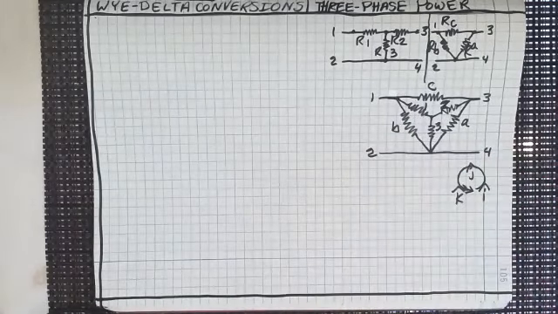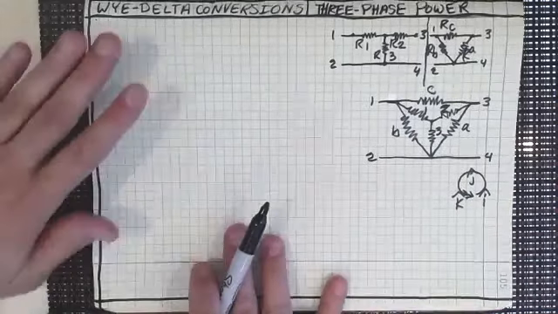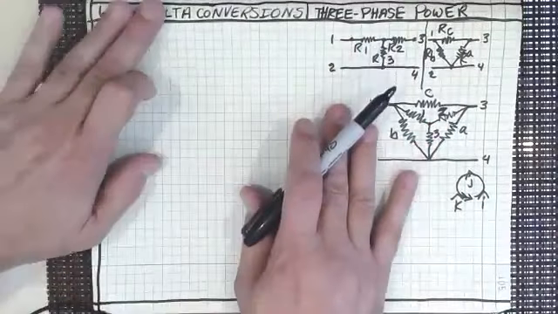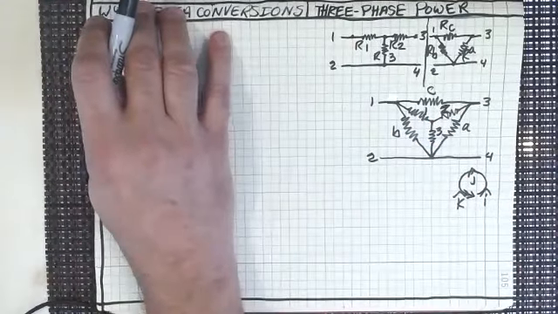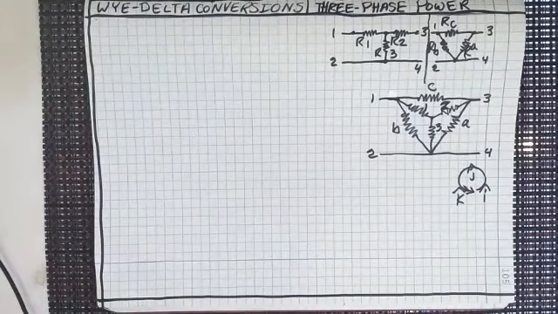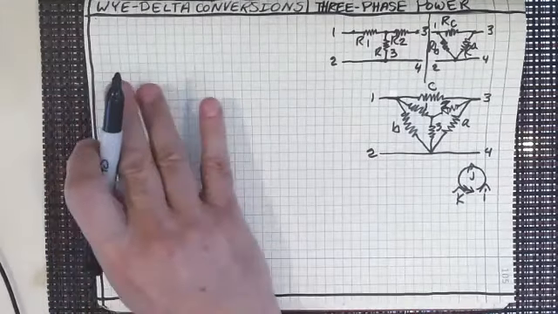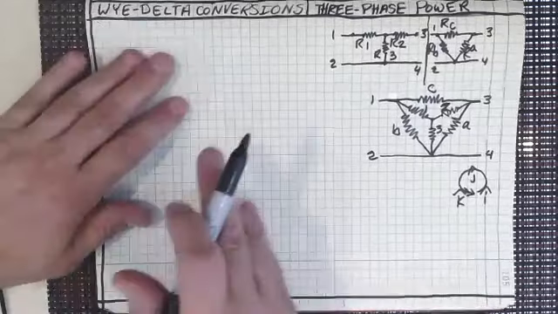But first of all, what I want to do is derive the equations, at least the equation, and show you the method to derive the equation for the first one.